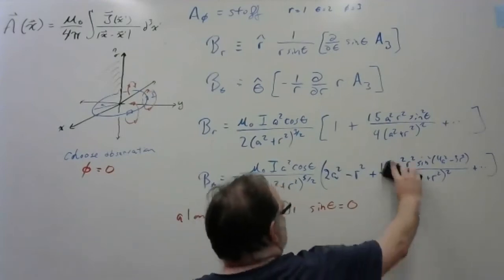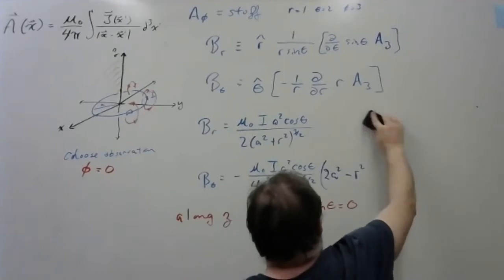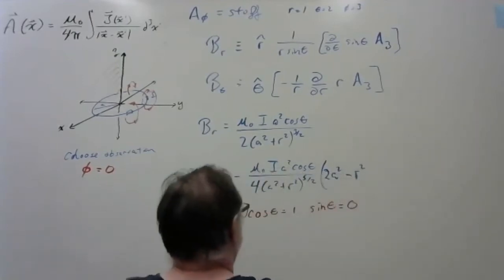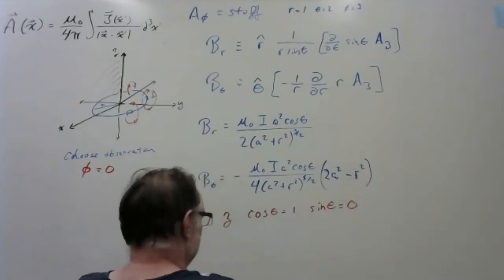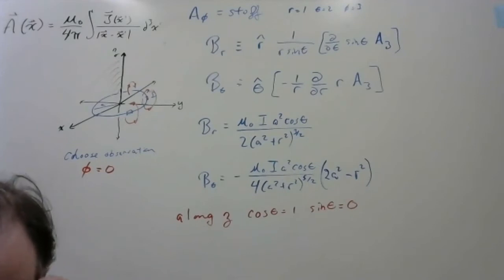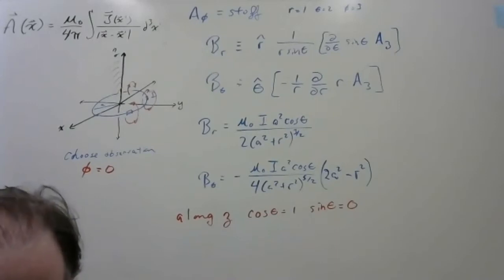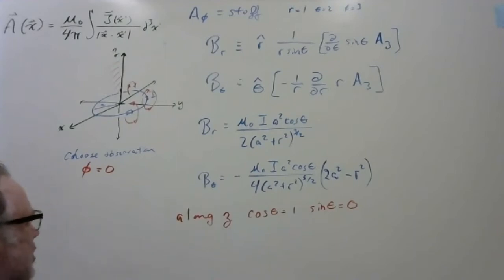So this all goes away. Okay, so that's near the axis, and the cosine thetas would all be 1.